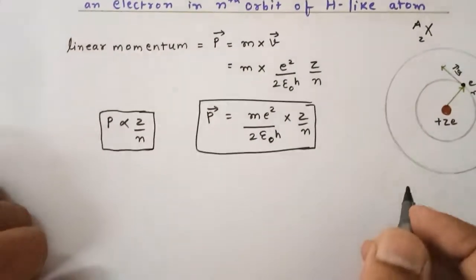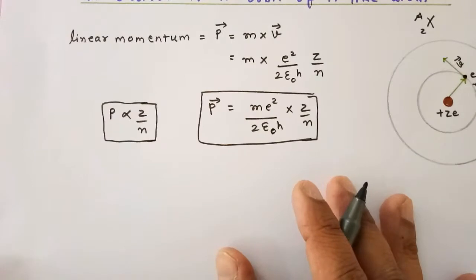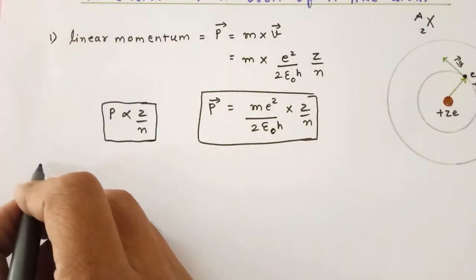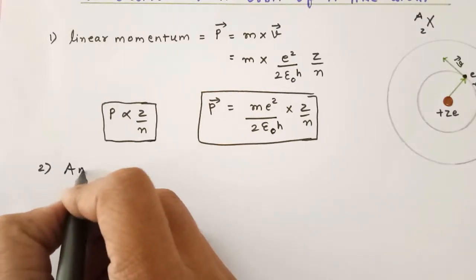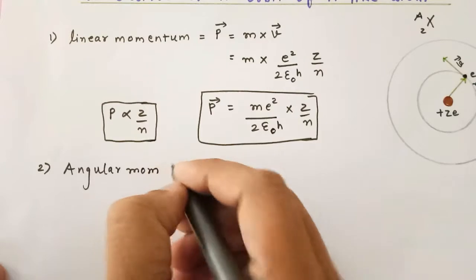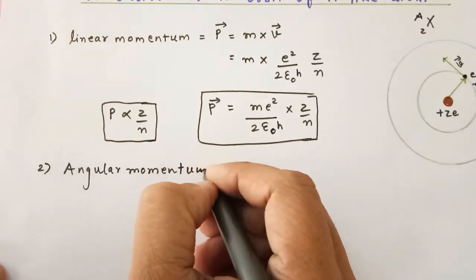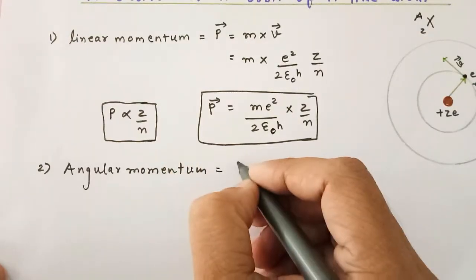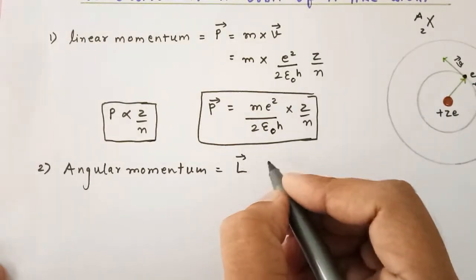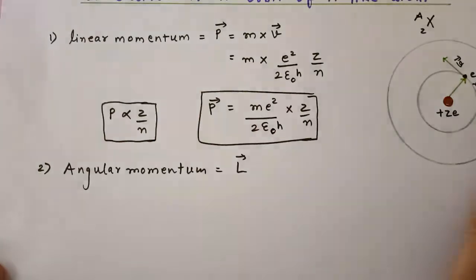Okay, now let's talk about the angular momentum. So that was 1. Let's talk about the angular momentum now. Angular momentum is represented by L. It's a rotational motion quantity and it is always along the axis of rotation.